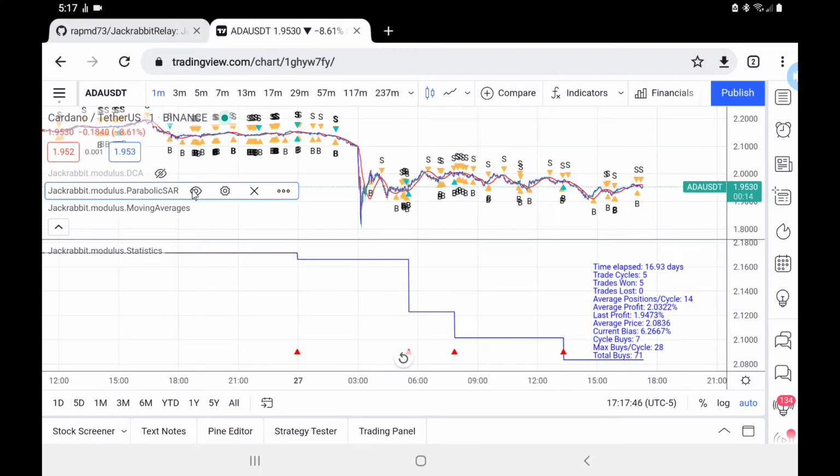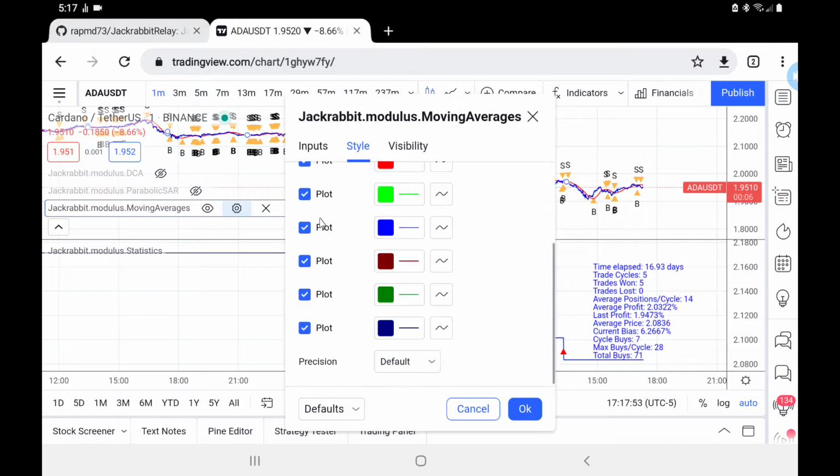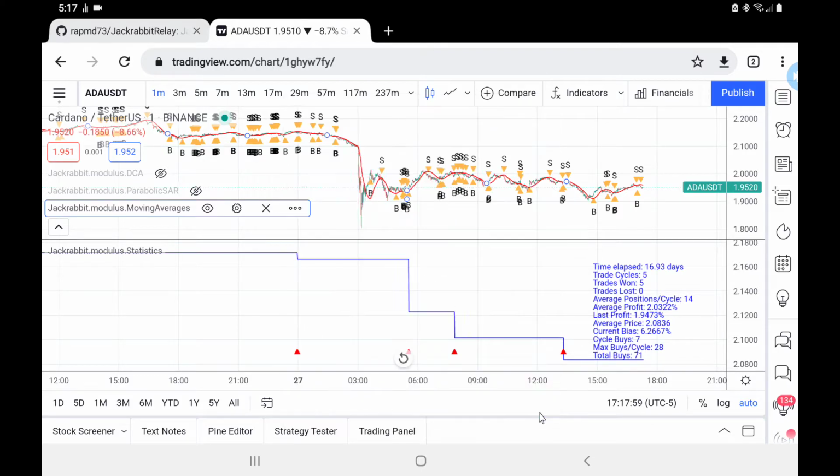Let's talk about Rule 37. And let's clean this up a little. Rule 37 is my own mathematical equation. It's a unique approach to looking at the market. And as you can see, it completely avoided this whole drop.